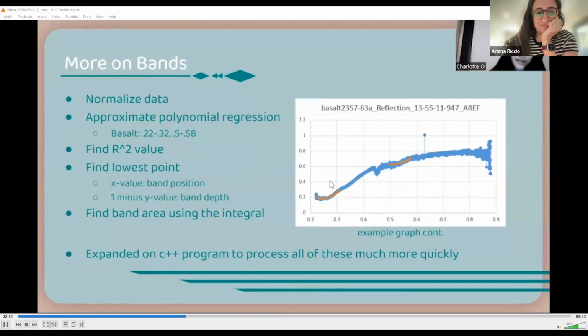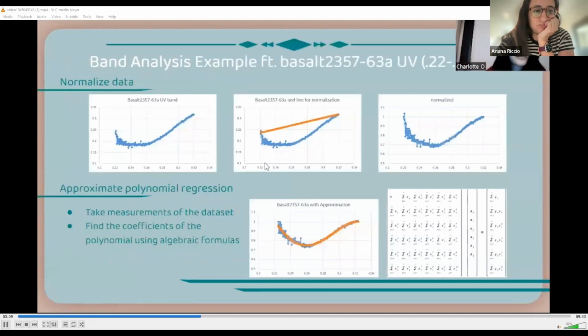I expanded on the C++ program because, again, it would take quite a lot of time otherwise. The 1 minus y for the band depth is applicable because the data is normalized, so the highest points will always be at 1.